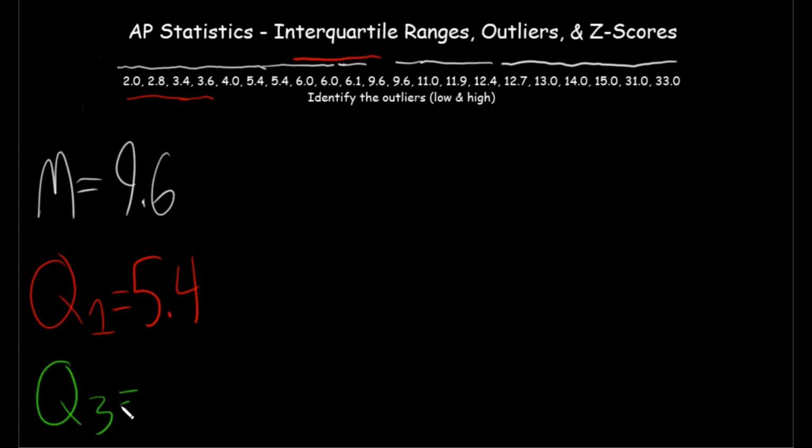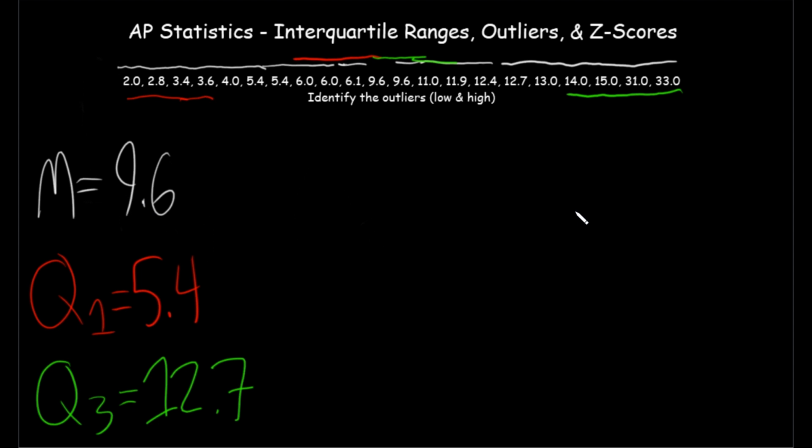Then you have quartile 3, which follows the same concept. 1, 2, 3, 4. Oh no, my pen died. I'll do this with my finger. 1, 2, 3, 4. And that will give you 12.7 if I read that correctly. Yeah, that would give you 12.7.